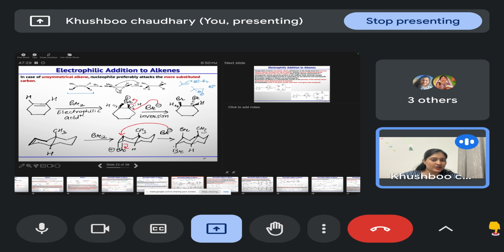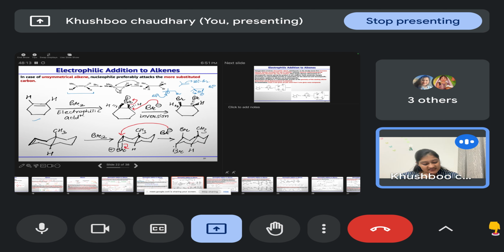On which carbon it will attack is decided by the stability of the carbocation. Now this carbon-bromine bond is weak because bromine is bigger in size, so it will break in such a way that the carbocation generated after the breaking of this bond will be stable. So in one case it is tertiary, in the other case it is primary, and the tertiary one is more stable. That's why we say that the bromide ion or nucleophile will attack the more substituted carbon in the case of electrophilic addition to alkenes.